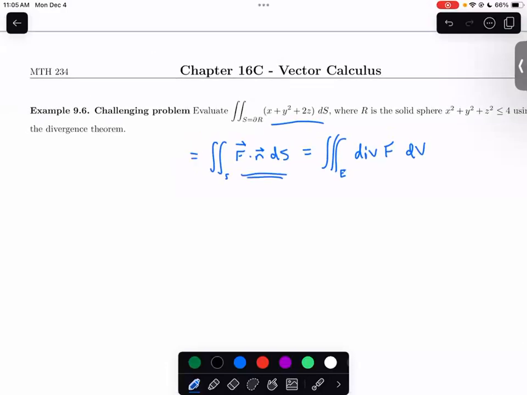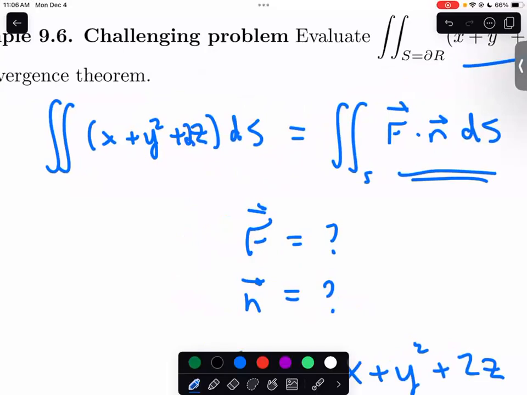I need to spend a little bit of time trying to create something so that when I take some vector field F, equal to question mark, and some normal vector n, also equal to question mark, and take the dot product of these things, I get out this x plus y squared plus 2z. Oops, I forgot the 2 up here.